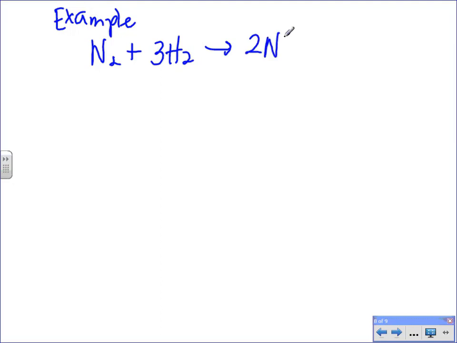Now I'm going to add another example to your notes here, and what we're going to do is examine this reaction, N2 plus 3H2 goes to 2NH3. The question is, is this a spontaneous process?